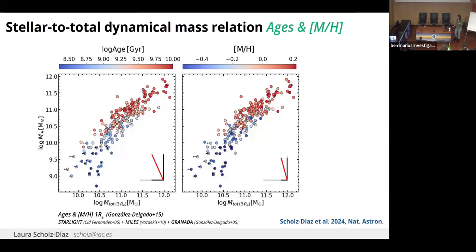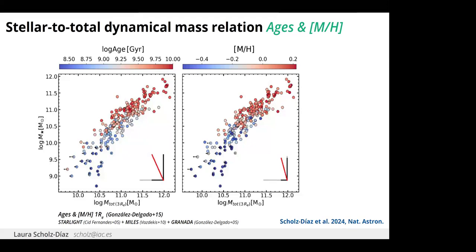Basically we divided the galaxies into centrals that are in groups with less than 10 members and those with more than 10 members, and we find a very similar behavior. For centrals that have more satellites, we see how the scatter of the relation reduces, and we have less statistics, but we still see how more massive galaxies are older and more metal rich.